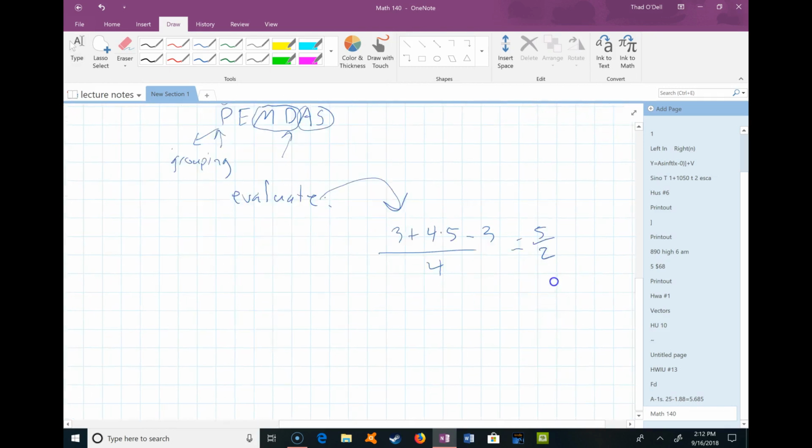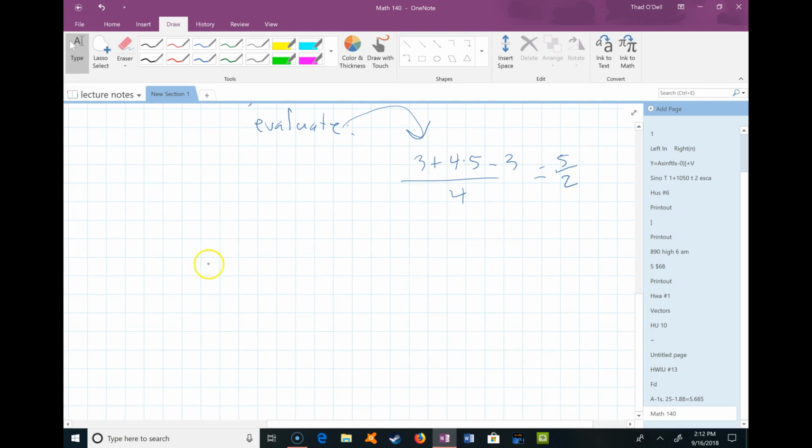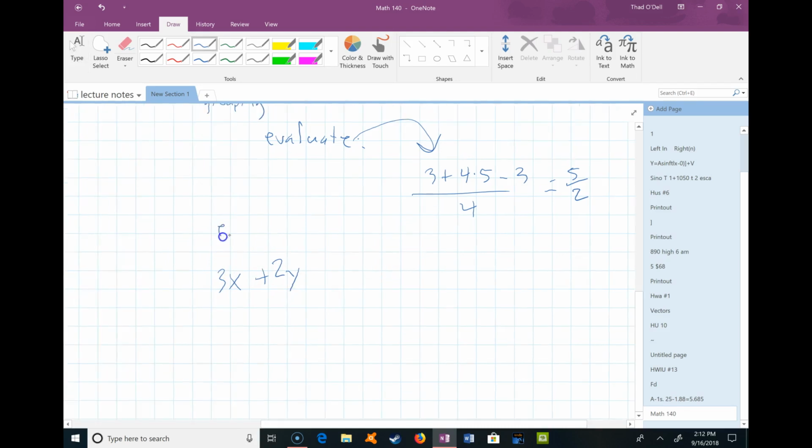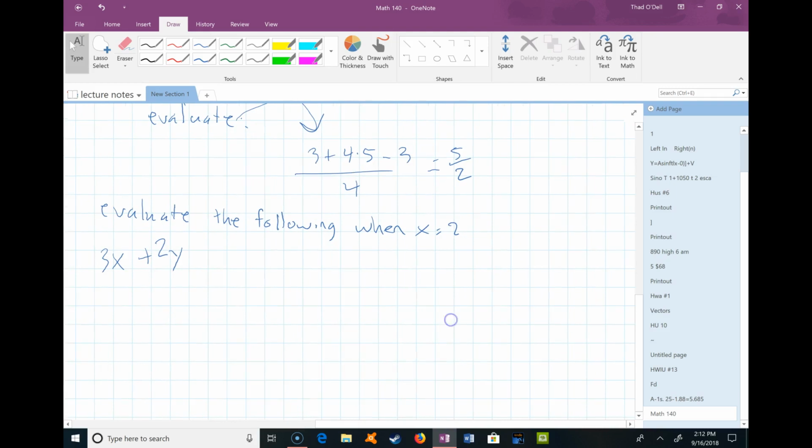We often say evaluate when we have an expression like 3x plus 2y, and we say evaluate the following when x equals 2 and y equals 3.